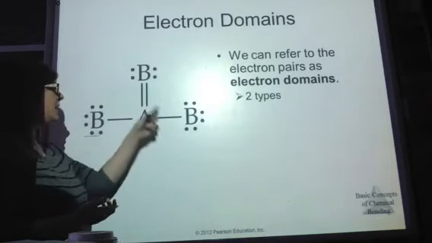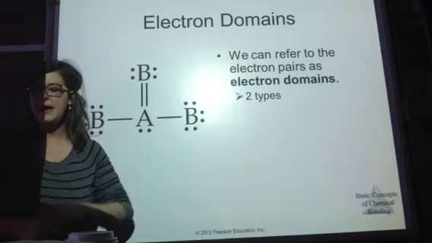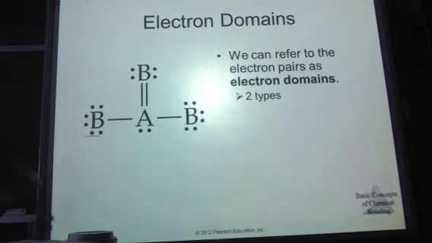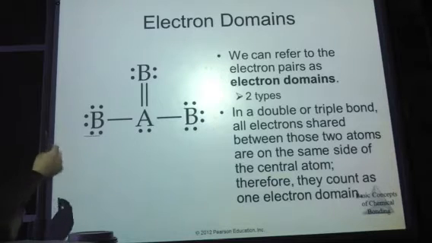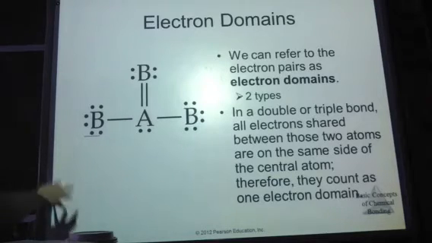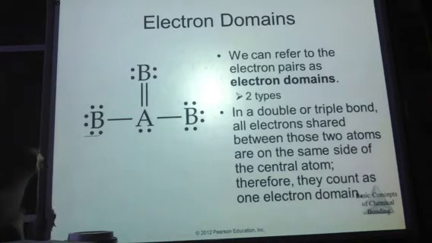So I have bonding here, and I have a lone pair, a non-bonding pair, here. And if I'm thinking about double bonds or triple bonds, we're only counting them as one electron domain, because it's just that central atom bonded to that one element, whether singly, doubly, or triply bonded. We're only going to count a double or a triple bond as one electron domain.